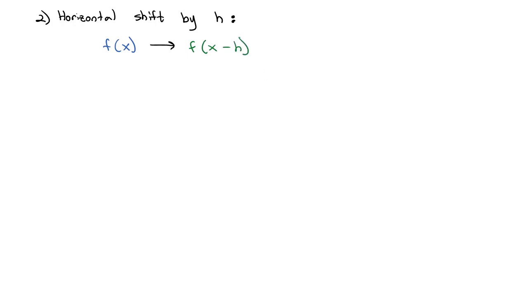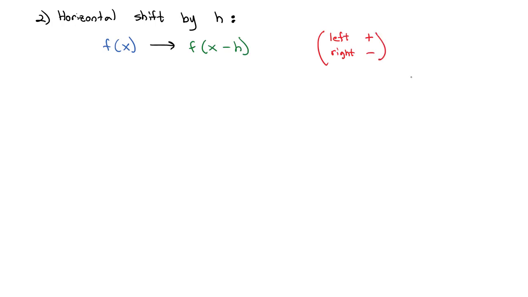And that x minus h is replacing the x in the function. So wherever there was an x, you'll see the shift put into that spot of the variable. Now I'll put a note in here that if we want to shift left, you'll see a plus, and if you want to shift right, you'll see a minus.